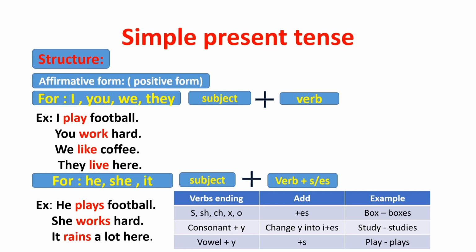For example, study. Here the word ends with y, but before the y we have a consonant, so we change the y into i and add es, so it becomes studies. For a vowel plus y, we usually add just s. Like in the first example, he plays football. Here before the y we have a vowel letter, so we change nothing but just add s.